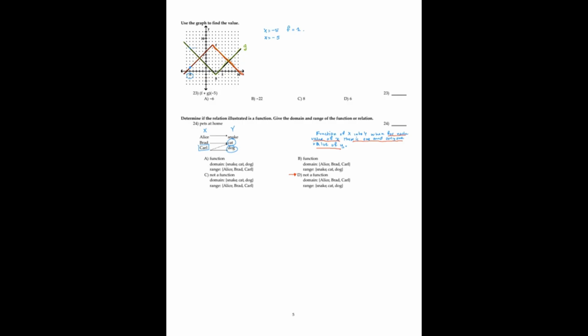This is 7. So g is 7 when x is equal to minus 5. Look at this point, that is the intersection of minus 5 with the green graph. And then when you go to the y-axis, it shows that the value of the function is 7.